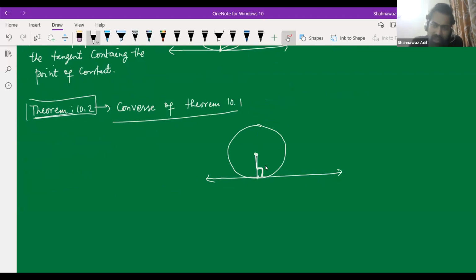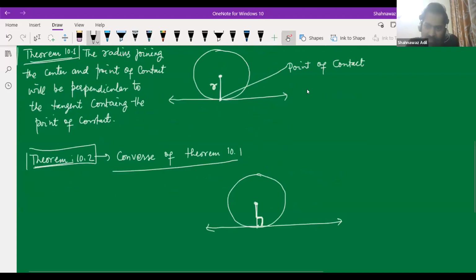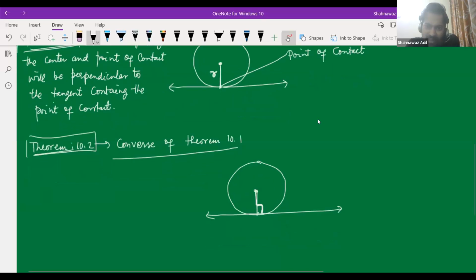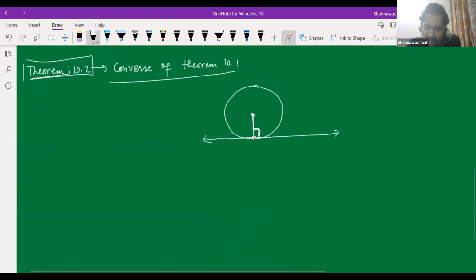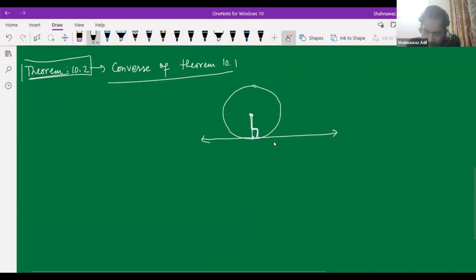The first theorem states that if you have a tangent on a circle, then the radius would be perpendicular to this tangent. The second theorem states that if you have a line which is perpendicular to this radius, then this line would be a tangent.